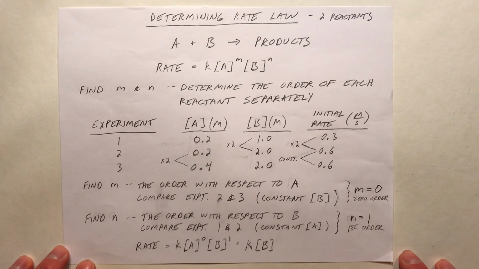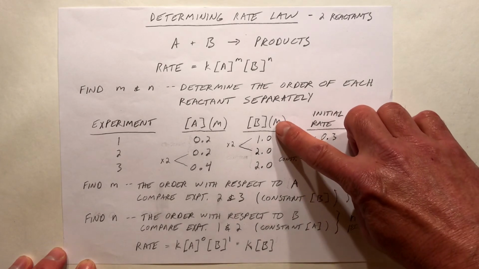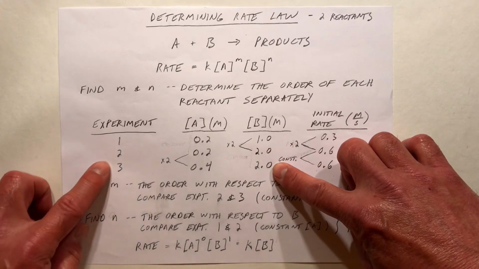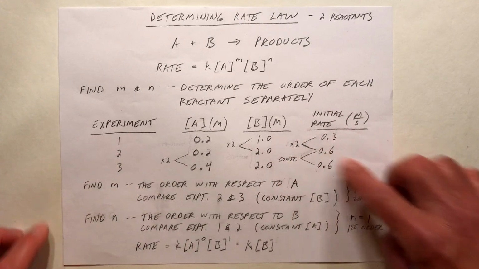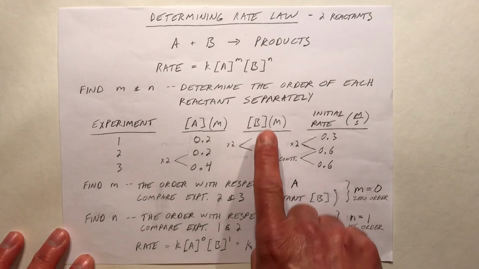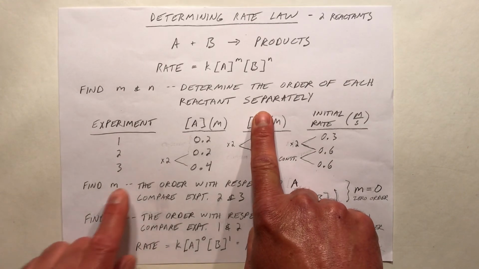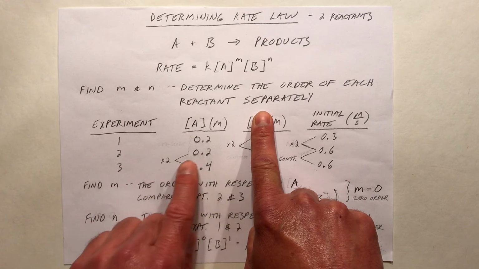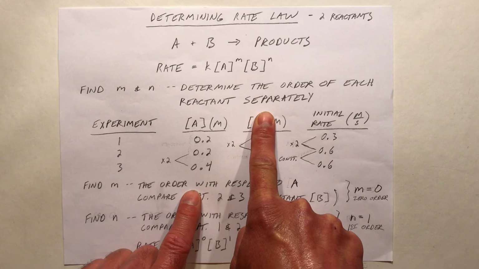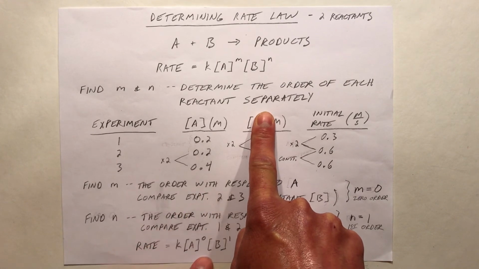So let's see if we can determine the order of reaction with respect to chemical A by finding some experiments where the concentration of chemical B is kept constant. We see that's happening right here between experiments 2 and 3. So let's ignore chemical B, and look at what's happening with the concentration of chemical A and the initial rate of reaction.